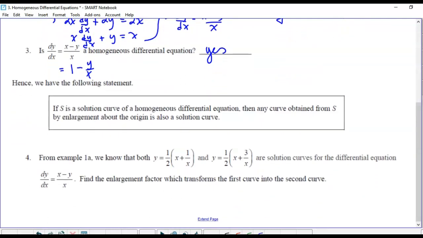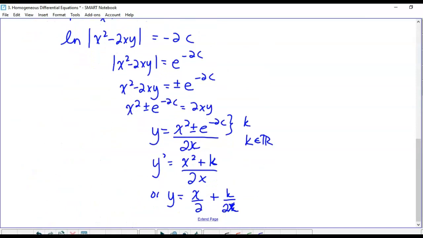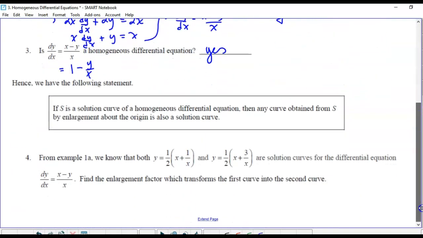From example 1a, back to question 1 here, we showed it like this. You could show this as a half factored out. That was that particular k, not the same as this particular k. So here, we know that this and this are solution curves for the differential equation. Find the enlargement factor which transforms this one to this one.